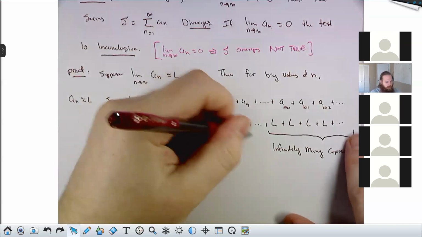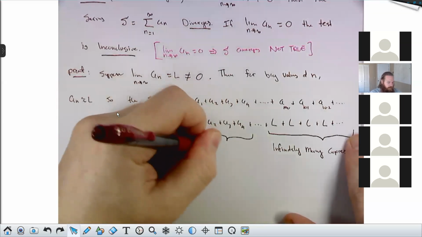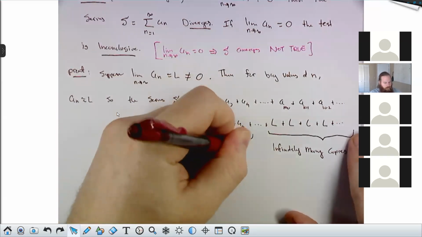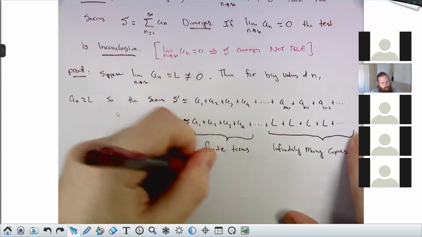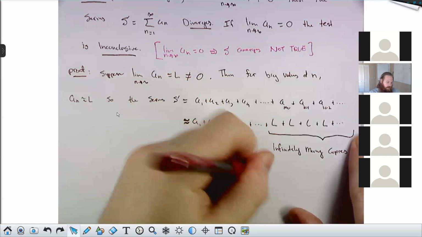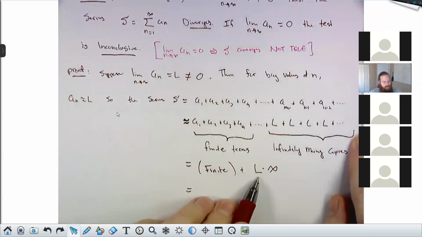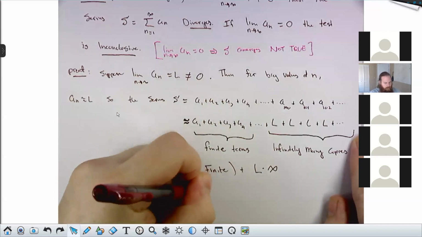And this stuff here, I don't care what it is, but it's definitely finite because there's only finitely many terms. So you end up with something finite plus L times infinity. And since L is not 0, L times infinity is definitely infinity.